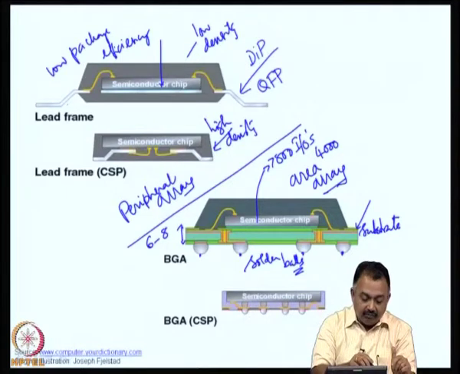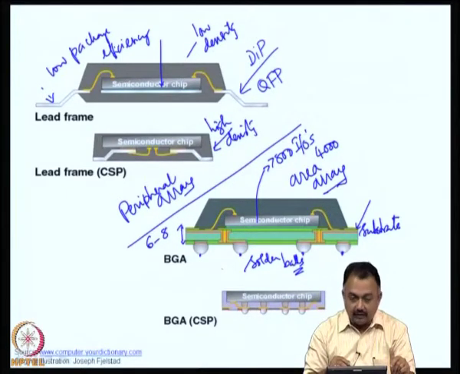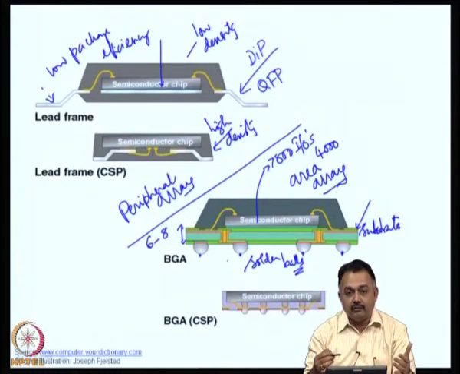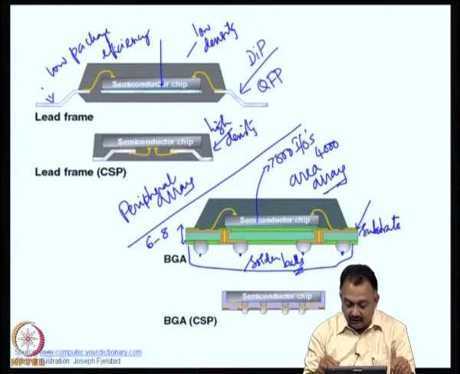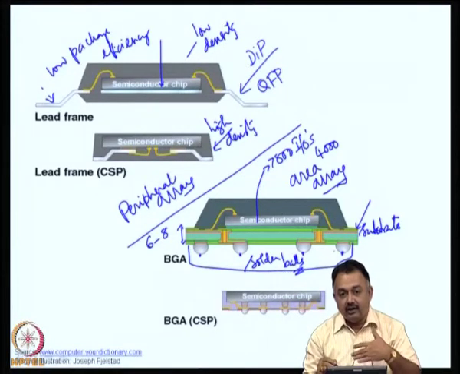Instead of the lead frame pin, we are now going to use solder ball technology for establishing connections with the board. Okay. So, this will utilize the entire area under the die. You must imagine this to be a continuous matrix.